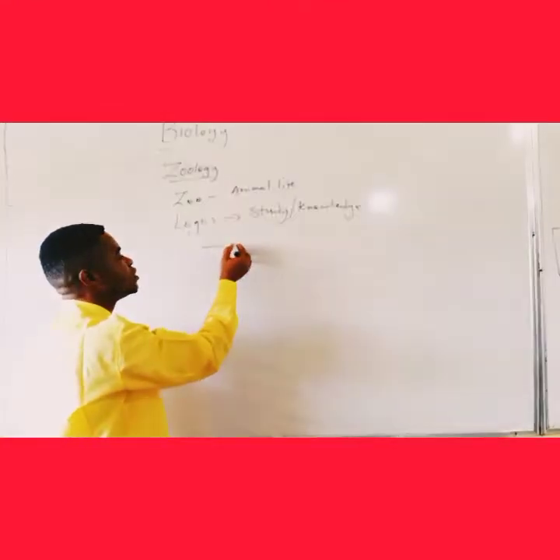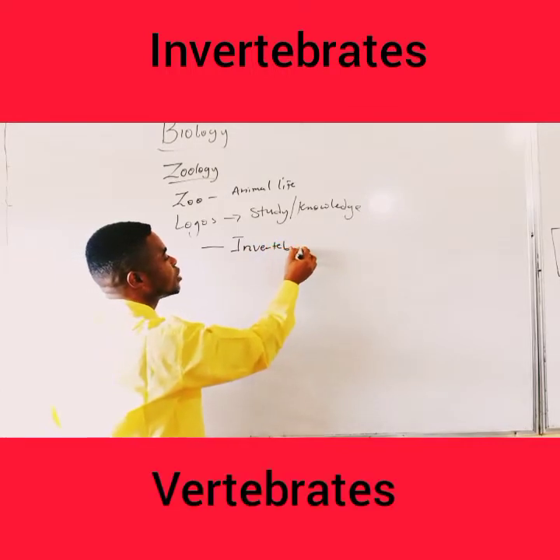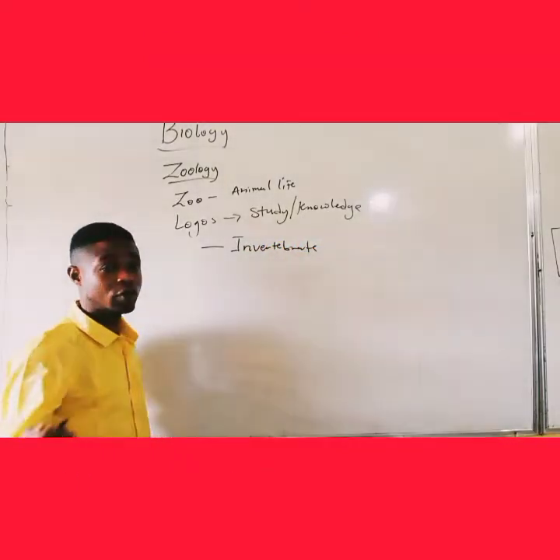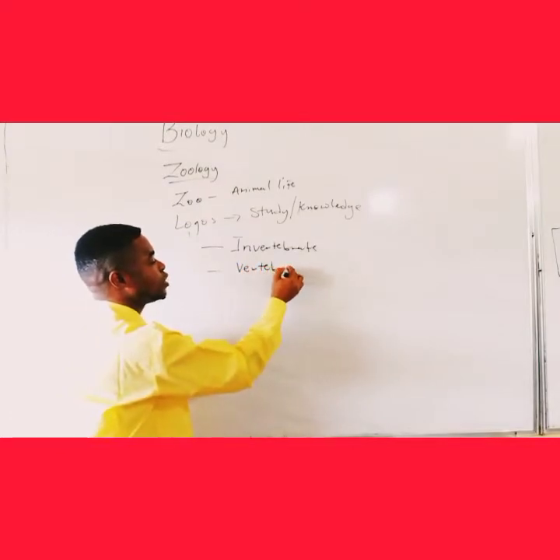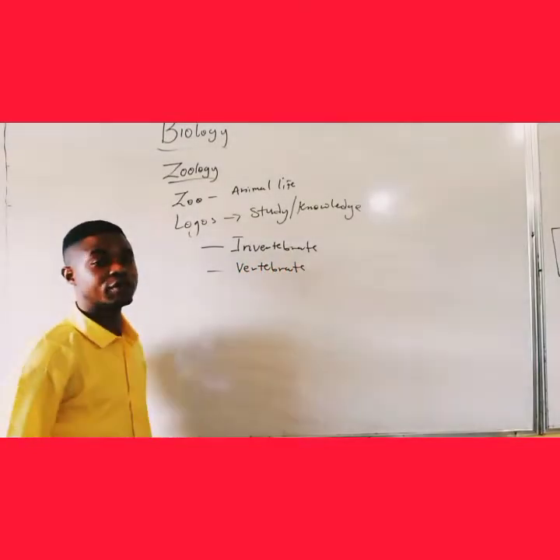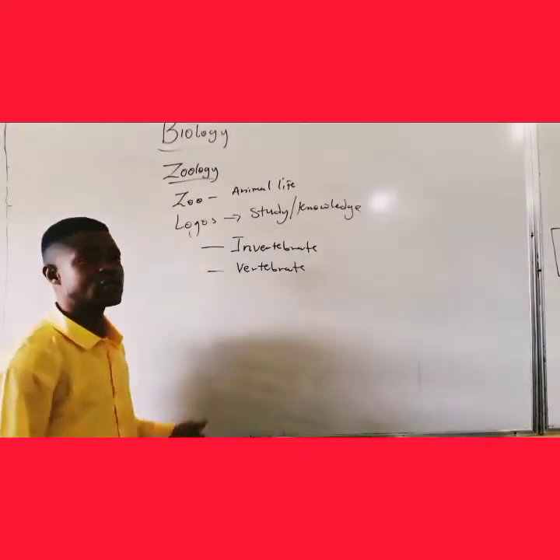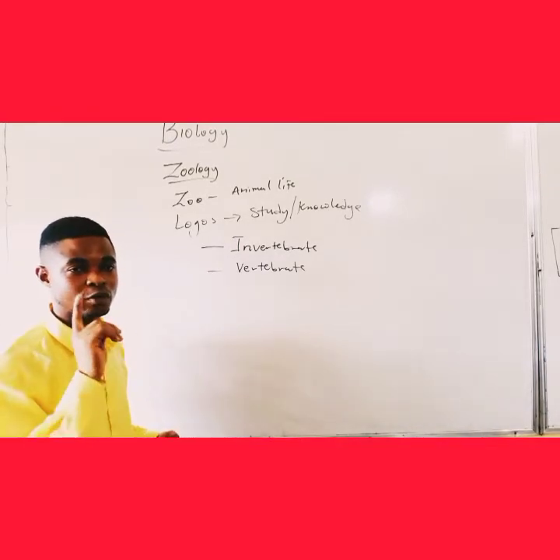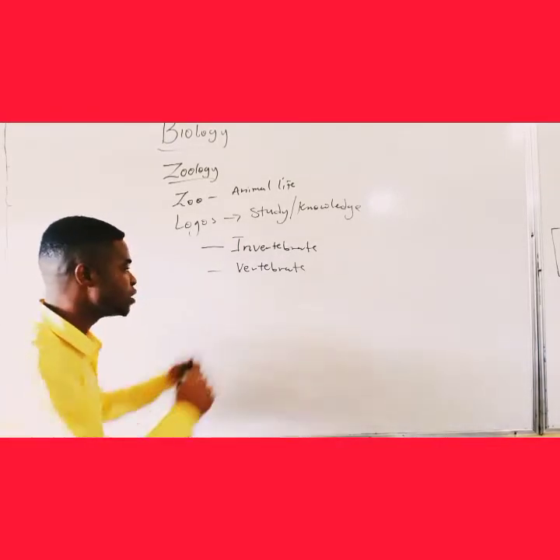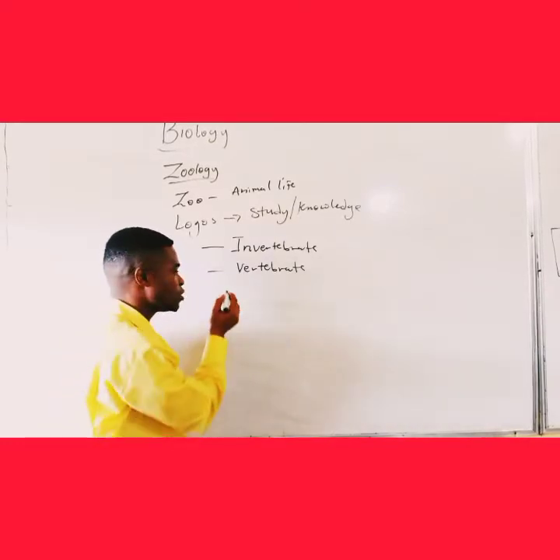We have the invertebrate part of zoology, and we equally have the vertebrate part of zoology. Before we dive into zoology proper, there are some important terminologies you must get yourself acquainted with. Some of these terminologies are what I'll be talking about now.